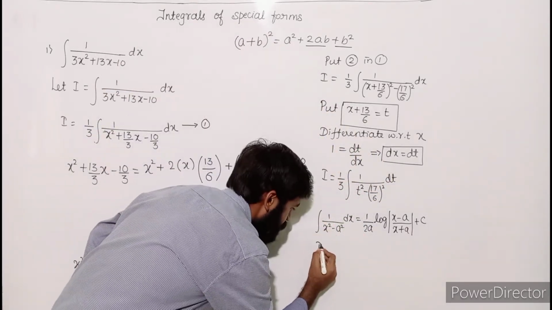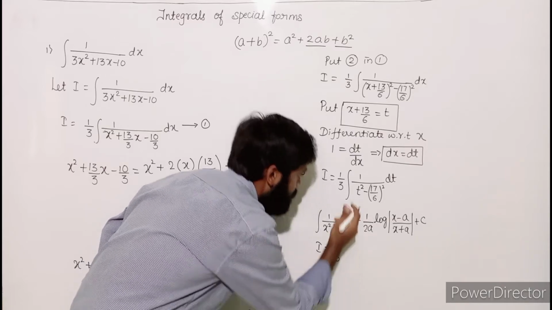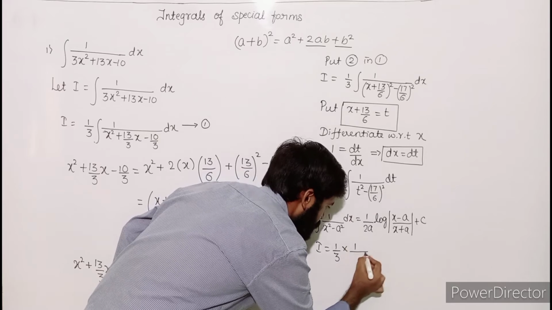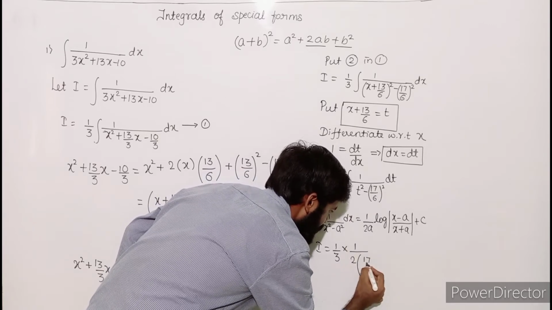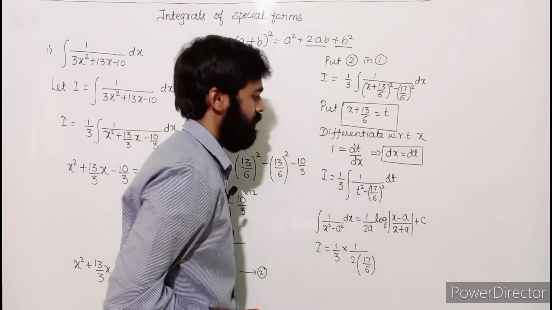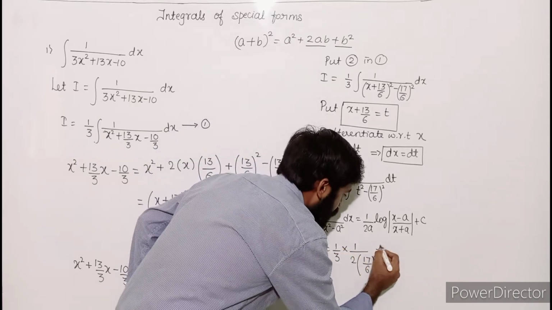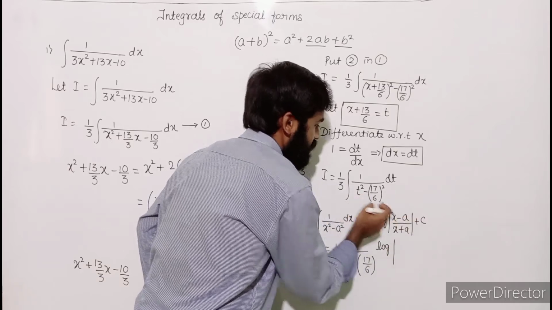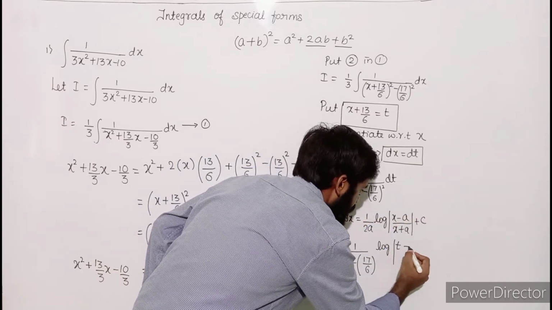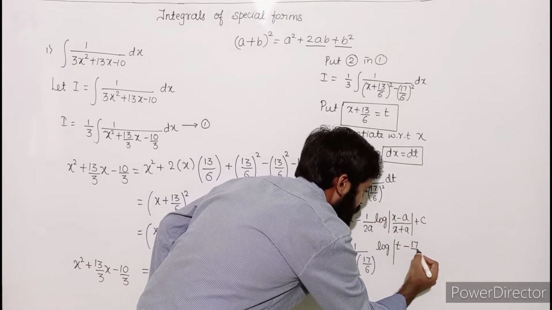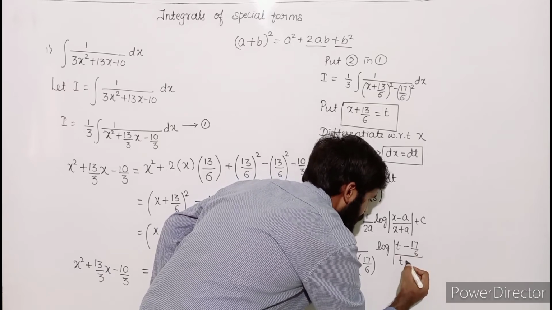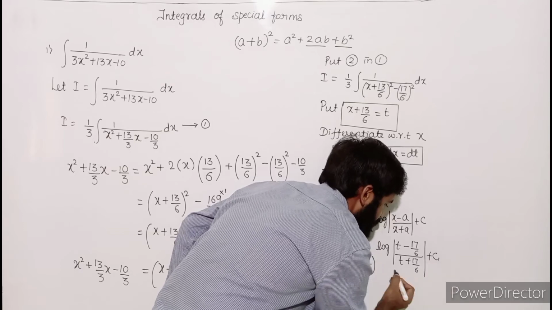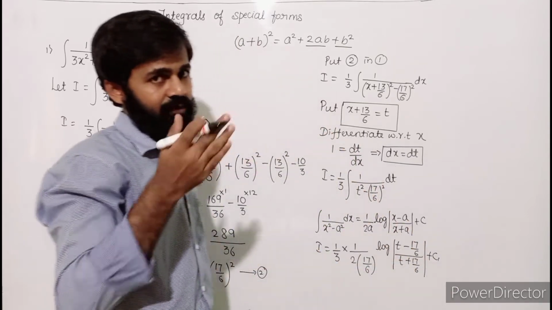I equals 1 by 3 as it is and into 1 by 2a. 1 by 2 into a, where a is 17 by 6, log of mod of x minus a, and instead of x we have t here. So t minus 17 by 6 divided by t plus 17 by 6 plus constant of integration, I will take it as c1.